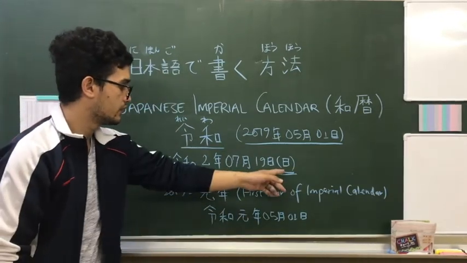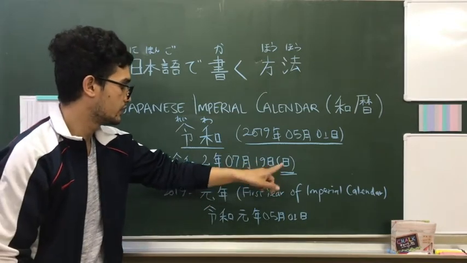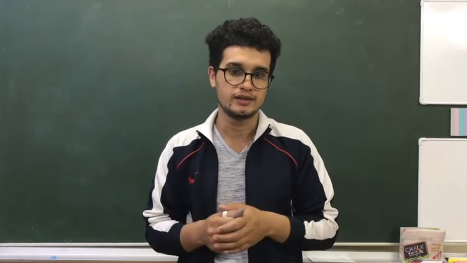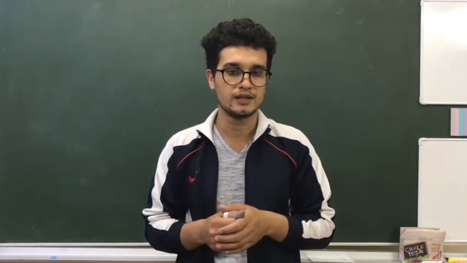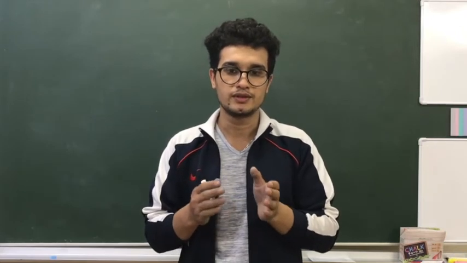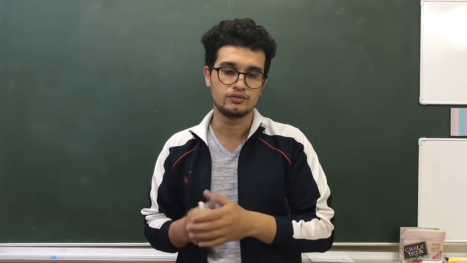It's optional, or it's a choice, because in the forms, whenever you are about to write the date in the Japanese Imperial Calendar, at the time you need to know the different eras and the time period between those eras.